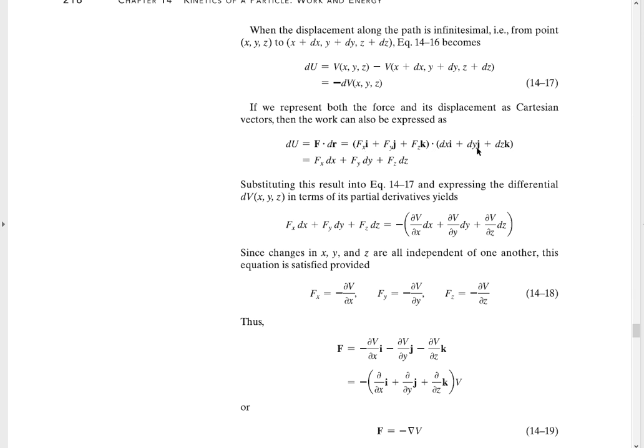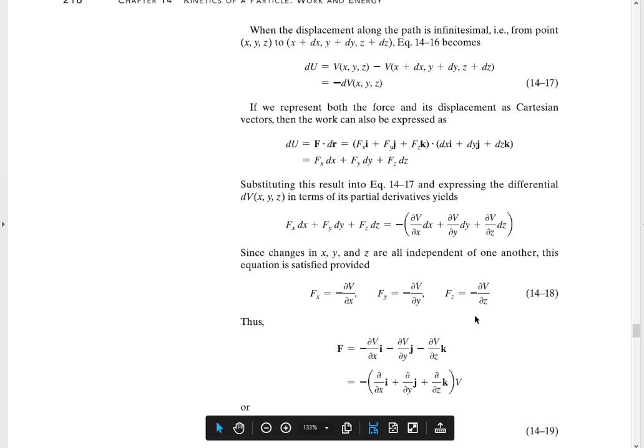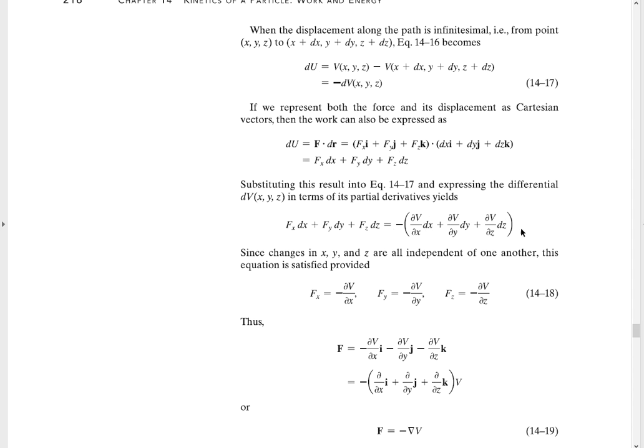Applying the dot product, what is next is taking this dU and writing it in this fashion, using this result.